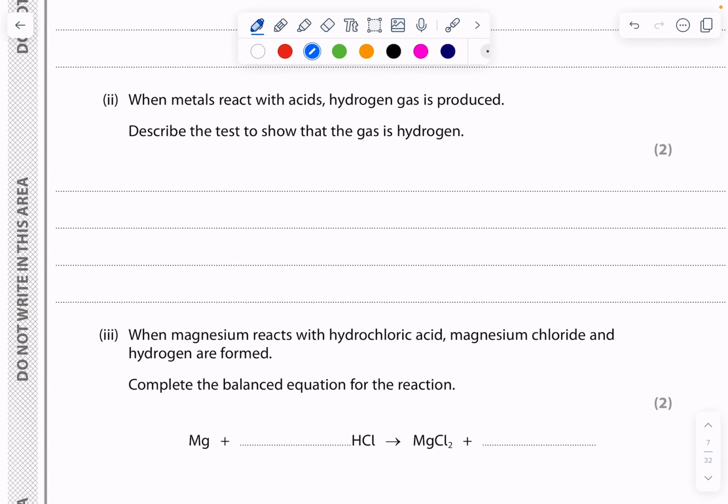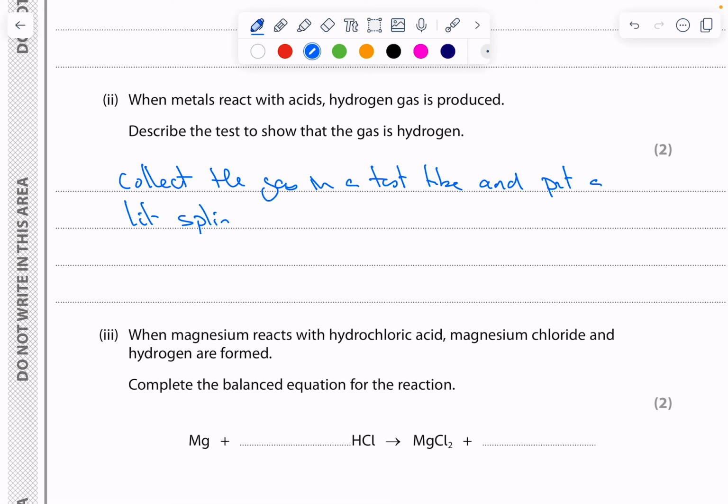So when metals react with acids, hydrogen gas is produced. Describe the test that you could use to show the gas is hydrogen. So what we have to do is we collect the gas in a test tube and put a lit splint into the gas.